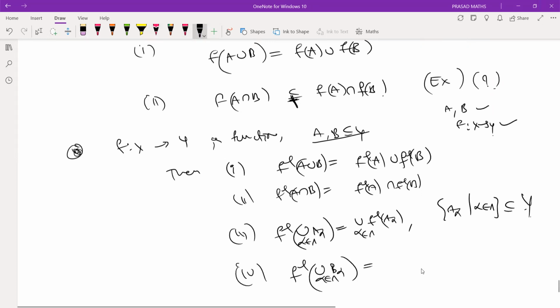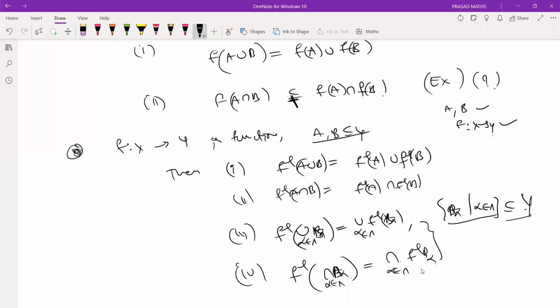The inverse image actually works for the codomain, not the domain. And what is that? The intersection is nothing but the intersection of the inverse images of B alpha. This is true for any collection of subsets of Y. This is also a very, very important property.